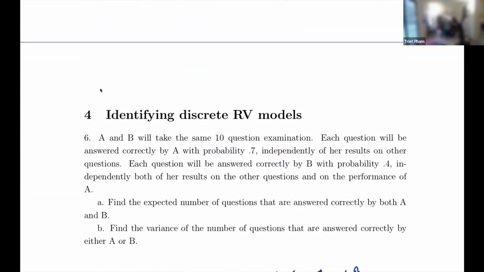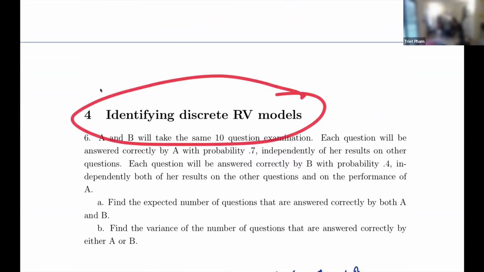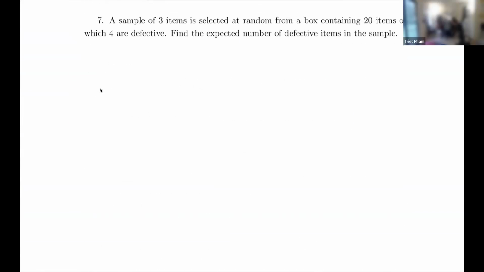All right, so this problem is part of the group identifying discrete random variable models, right? So if you let X be the number of defective, then what do we know about X? What distribution does X follow?